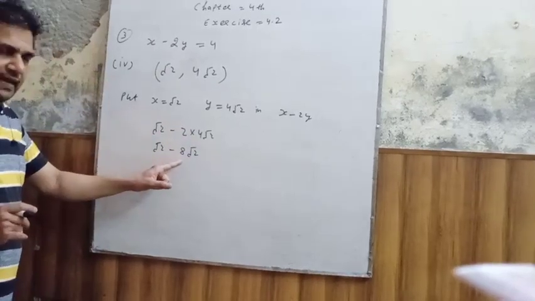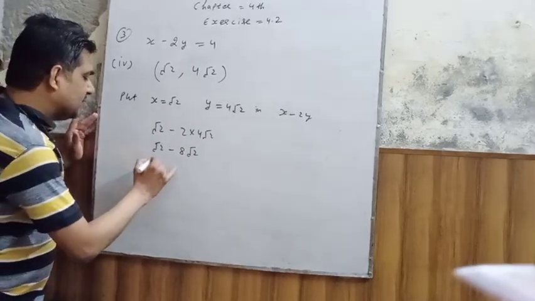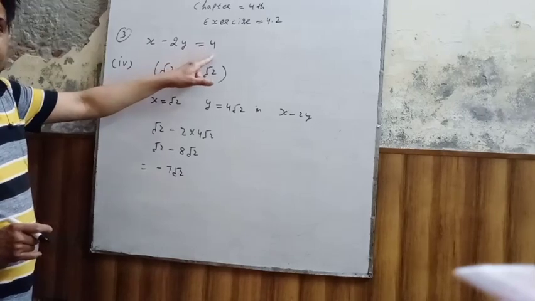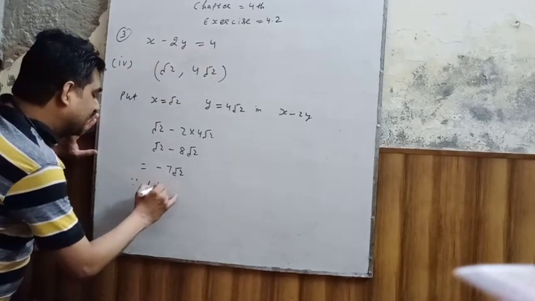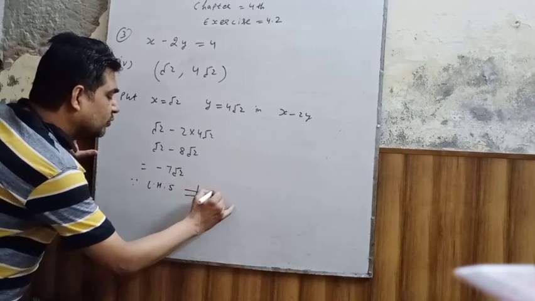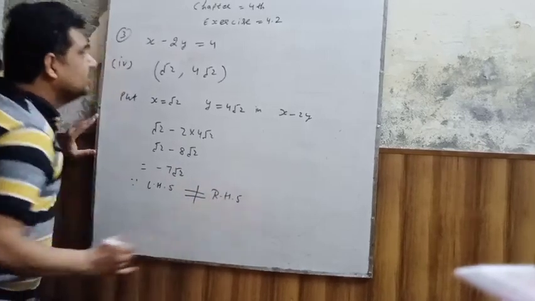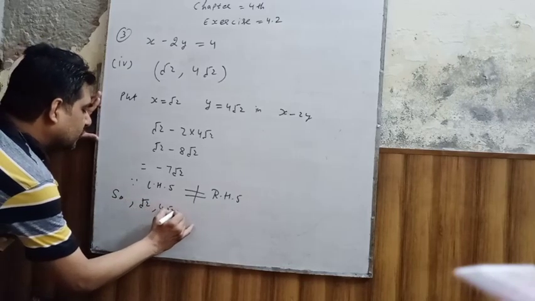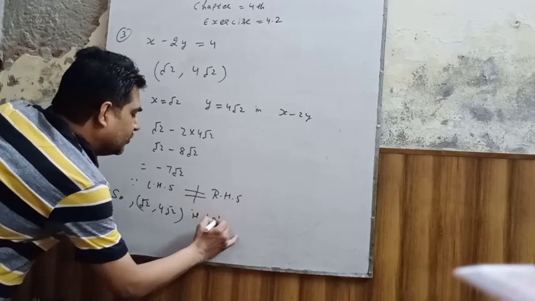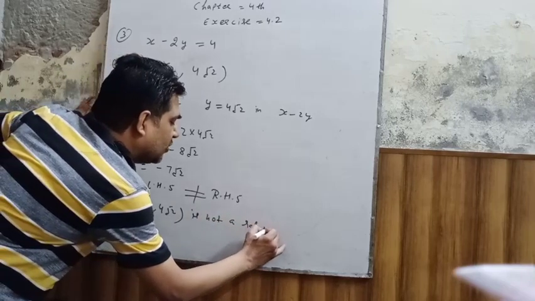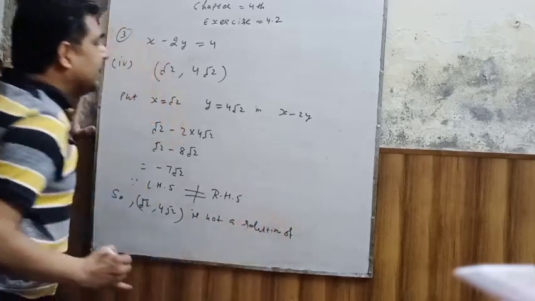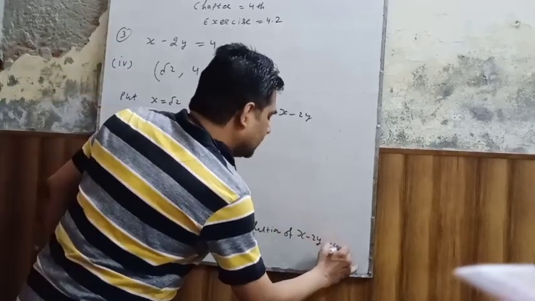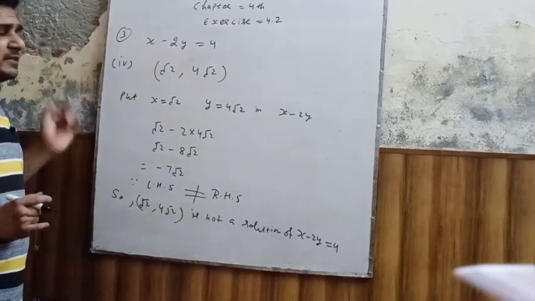Root 2 minus 8 root 2 means minus 7 root 2. That is not equal to the right hand side, because the left hand side is not equal to the right hand side. So root 2, 4 root 2 is not a solution of x minus 2y is equal to 4. Now our third sum is complete.